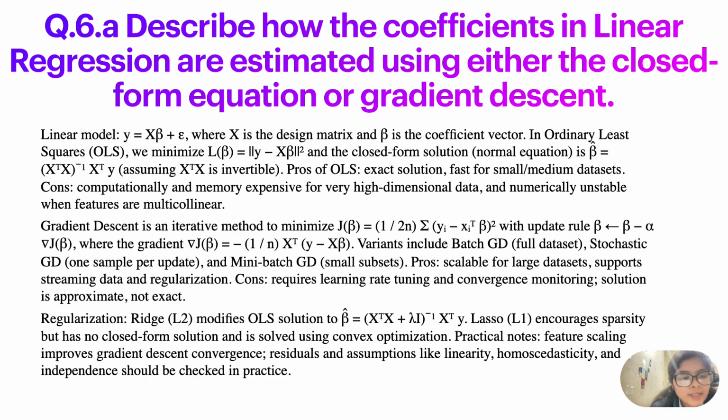In ordinary least squares, we minimize L(β), which is calculated as the squared norm of the difference between y and Xβ. The closed form solution, which is the normal equation, is β = (XᵀX)⁻¹ Xᵀy, assuming that XᵀX is invertible.